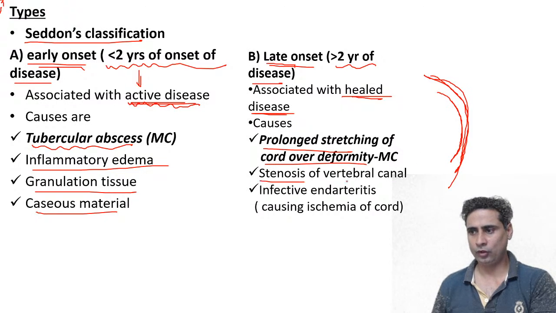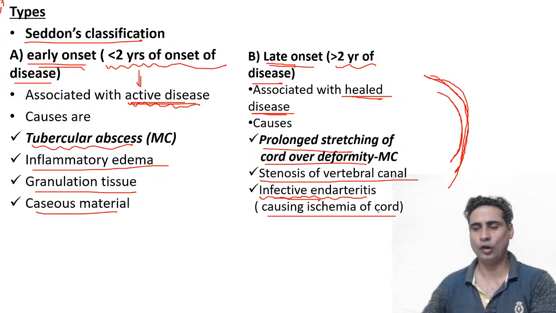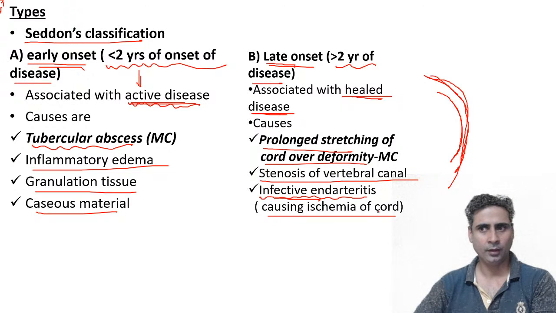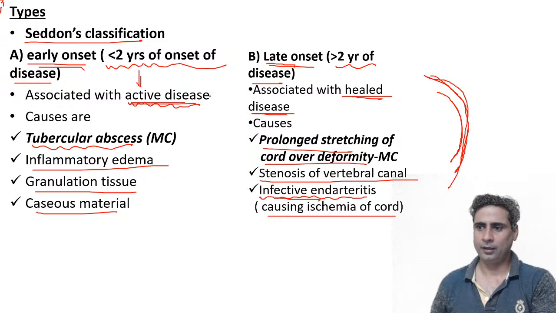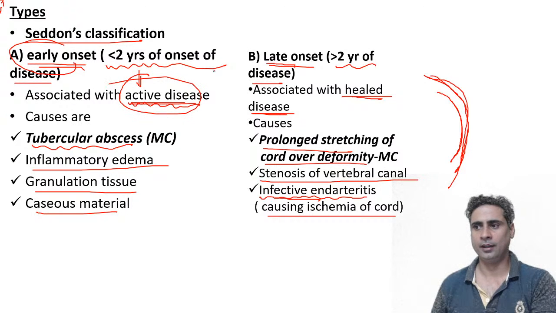There may be stenosis of the vertebral canal, or there can be infective endarteritis causing ischemia of the cord. So these are the types and causes of Pott's paraplegia. Early onset has good prognosis because it is associated with active disease. Late onset has poor prognosis because it is associated with healed disease, and paraplegia is due to some mechanical factor.